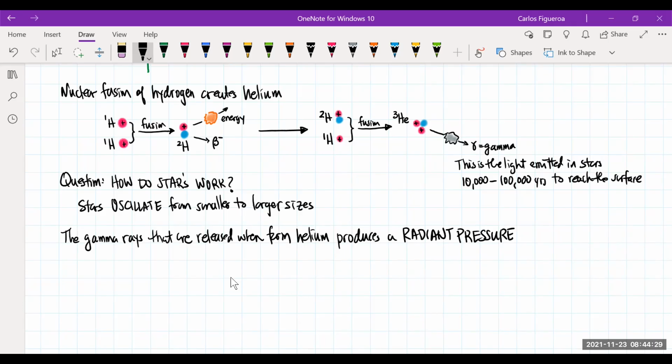And this radiant pressure, that is, this pressure, pushes outwards by the gamma rays.